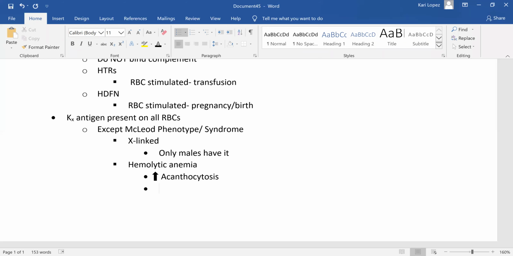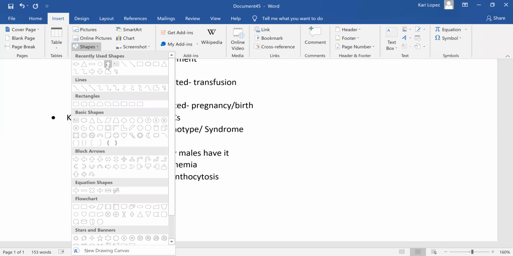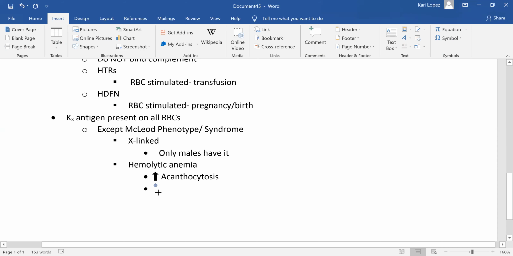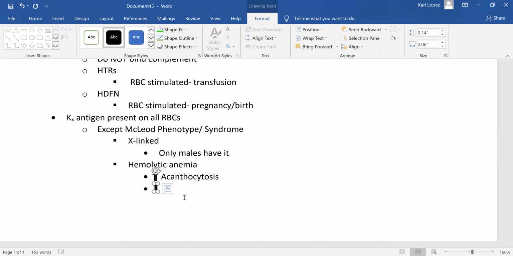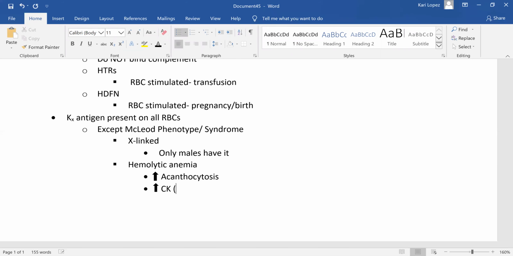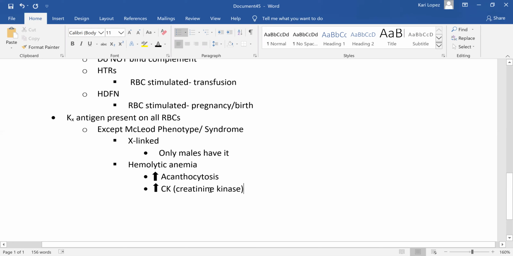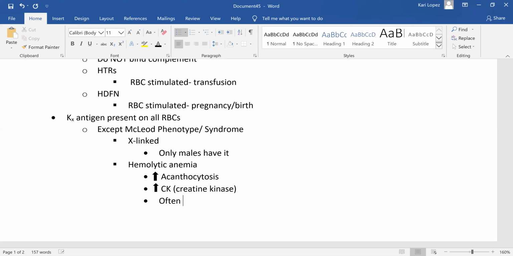They're also going to have an increased creatine kinase. And then it's often associated with chronic granulomatous disease. Y'all just can't get away from this, can you?